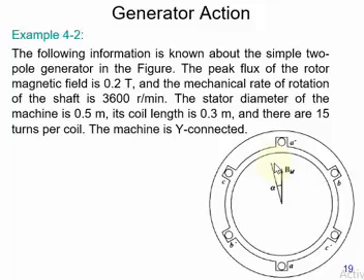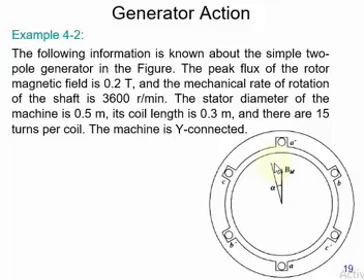Now we discuss an example which is similar to the previous slide. A diagram is given where there are three loops AA bar, BB bar and CC bar. This is a two-pole generator, and the peak flux density of the rotor magnetic field is 0.2 T, and the mechanical rate of rotation of the shaft is 3600 rpm.